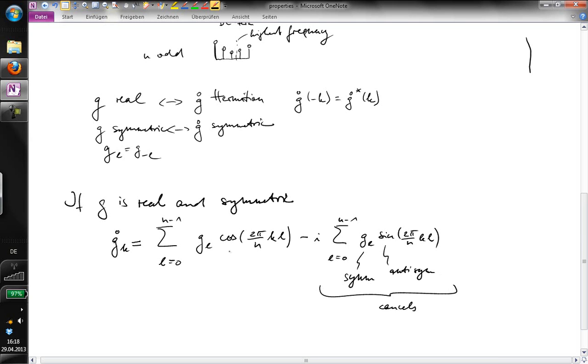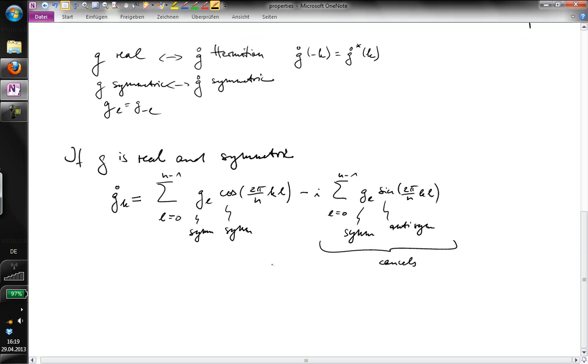And on the other side, I find that this is symmetric and that is also symmetric, and hence the overall transform is real and symmetric.